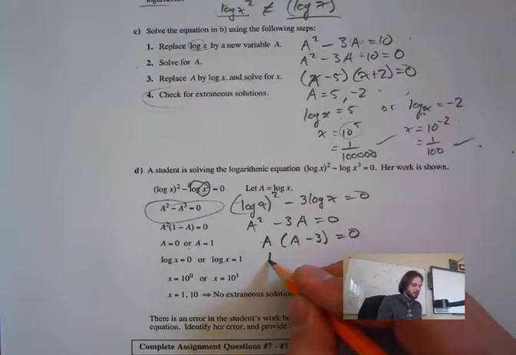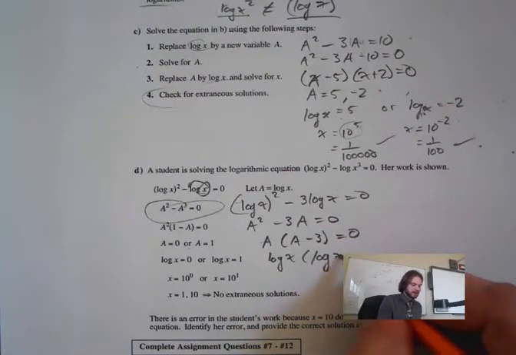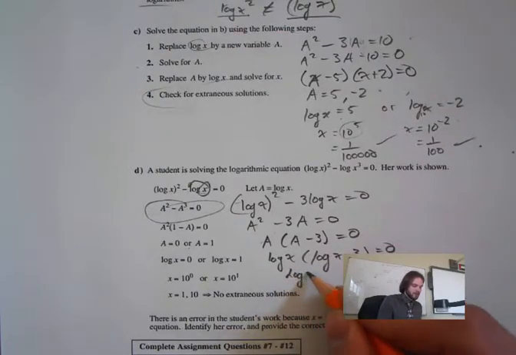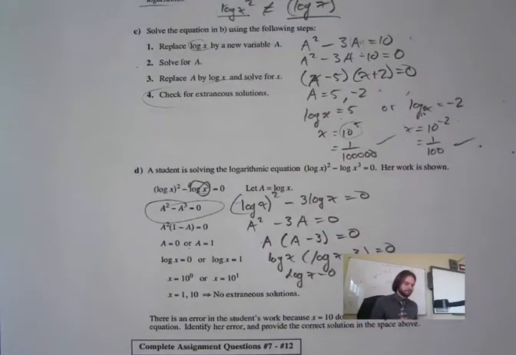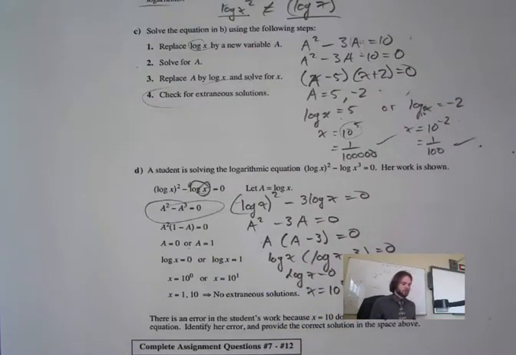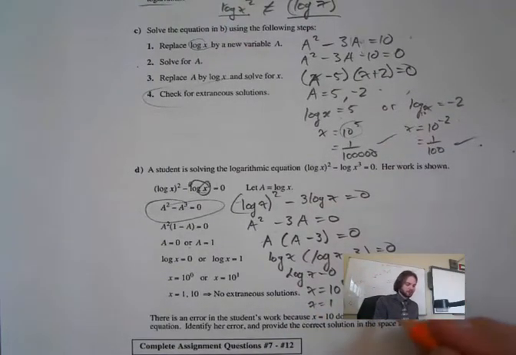We're going to get log x multiplied by log x minus 3 is equal to 0. So I get log x is equal to 0, or log x is equal to 3. So x is equal to 10 to the 3, or x is equal to 10 to the 0, which is 1. So x is equal to 1, or x is equal to 1,000.